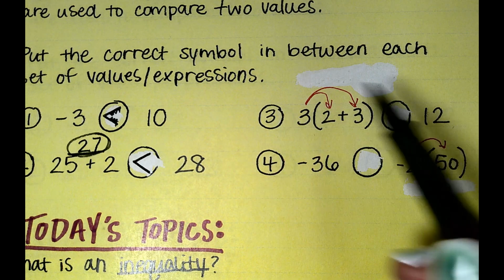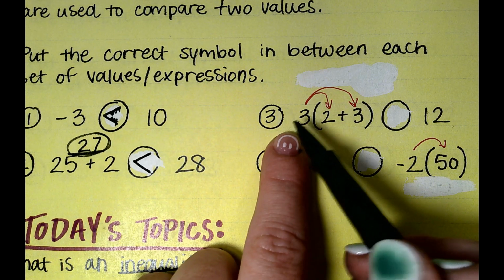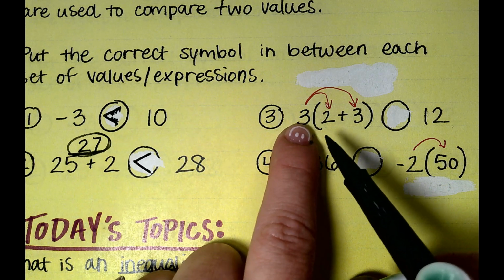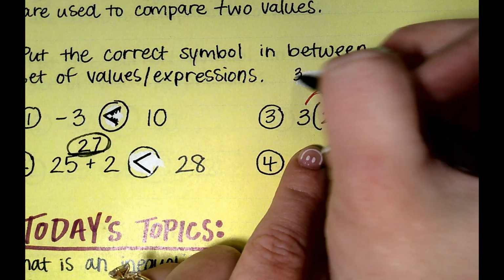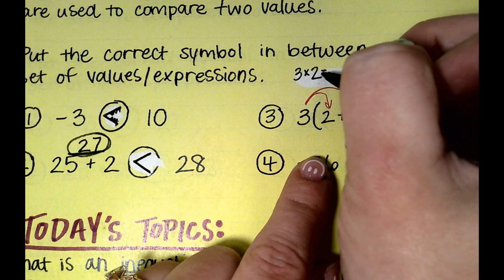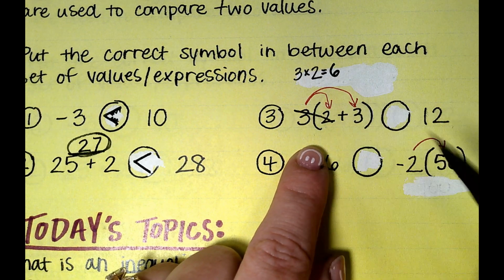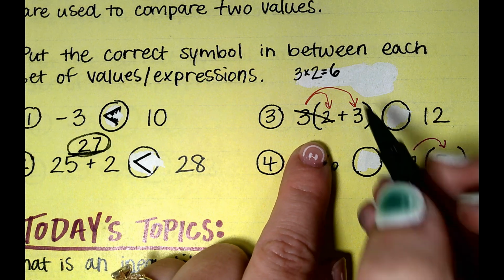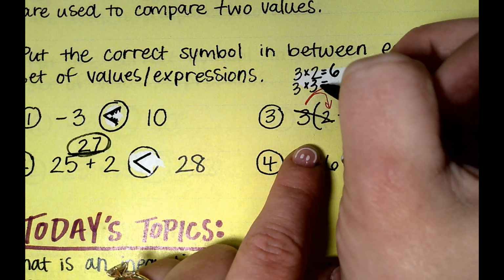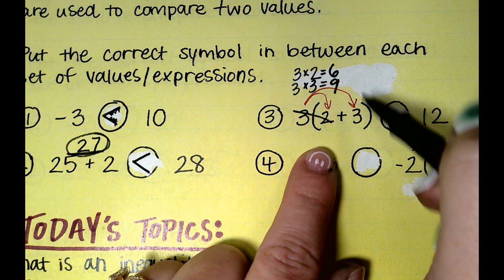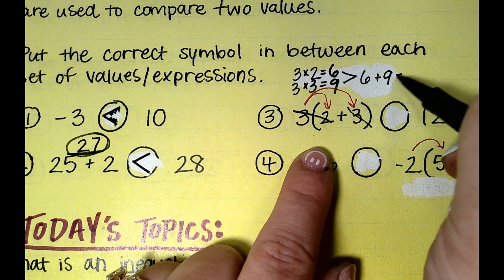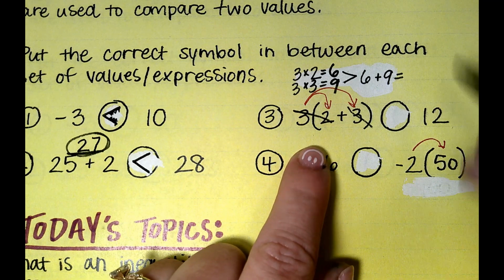But let's see, what do we want to try to simplify this first? 3 times 2. Okay, 3 times 2, and what is that? 6. Now 3 times 3 is 9. Yes, so 6 plus 9 is 15.